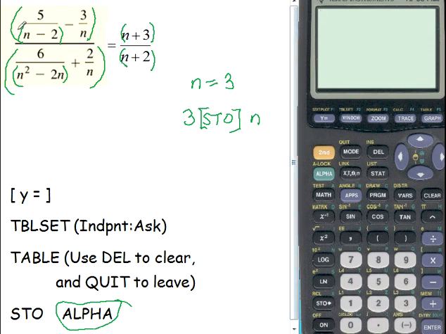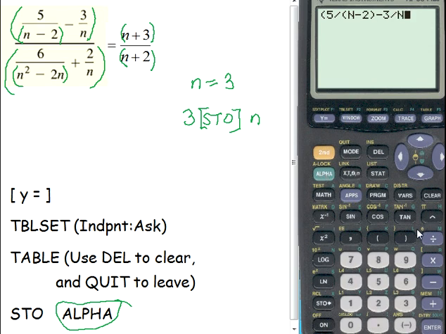So we'll start again at the upper left, open parentheses, 5 divided by, open parentheses, N, which is alpha log, minus 2. Close parentheses, and then move up to the minus 3 divided by N, which is alpha log.